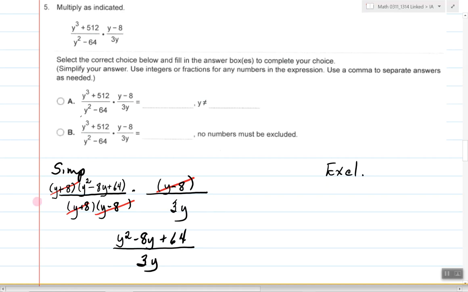So, y plus 8 times y minus 8, if it is equal to 0, you've got an undefined value. So those are going to represent my exclusions. If y plus 8 is 0, y is negative 8.